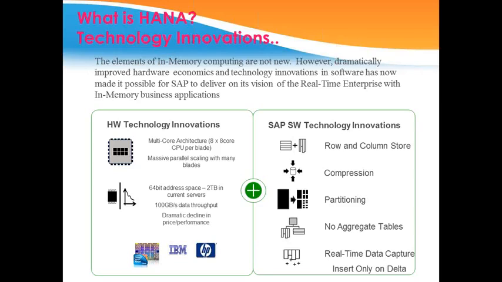With the innovative hardware technology, we can store up to 2 terabytes of data in memory, that is, in the RAM. Yes, it is supported now. So in that hardware, the main important thing is the multi-core CPUs.